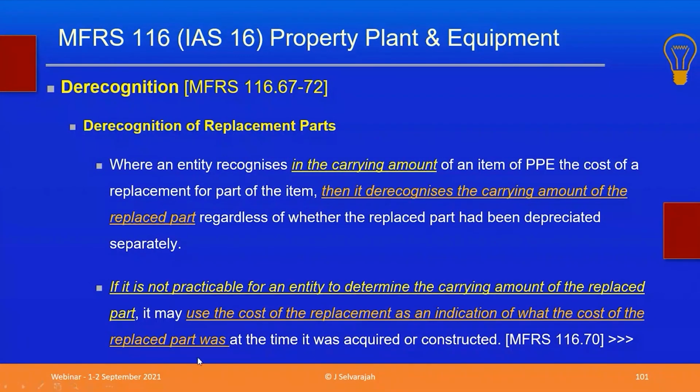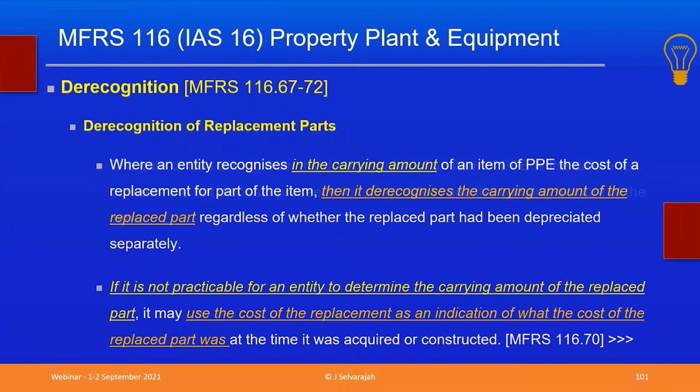All right. Now, if it's not practical to determine the carrying amount of the replaced part, the cost of the replacement may give an indication of what the replaced part was. So if you need to determine the cost of the replaced part, say the motor came in one lump sum together with the machine, but you don't know how much is the motor and you can't get it from the supplier, then look at similar motors, get the price, and use that as the indicative price of what the replacement would be, and therefore depreciate it accordingly.